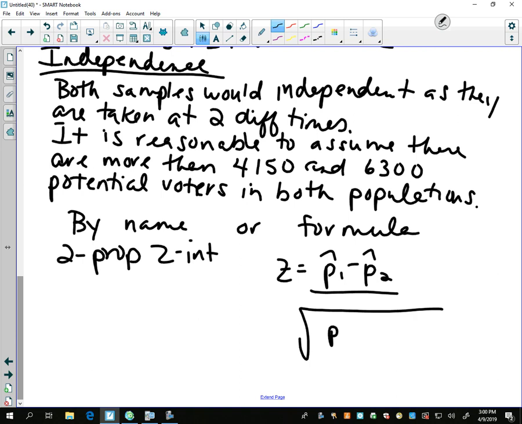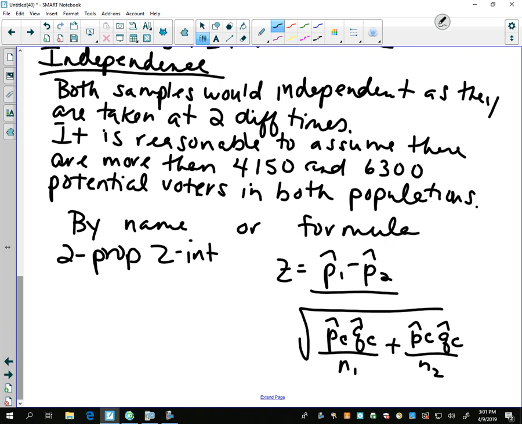It's the square root of p hat c q hat c over n1 plus p hat c times q hat c all over n2.